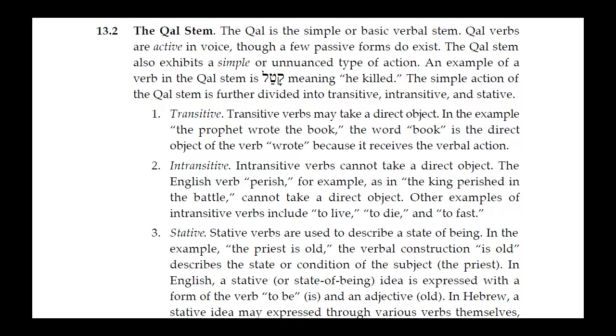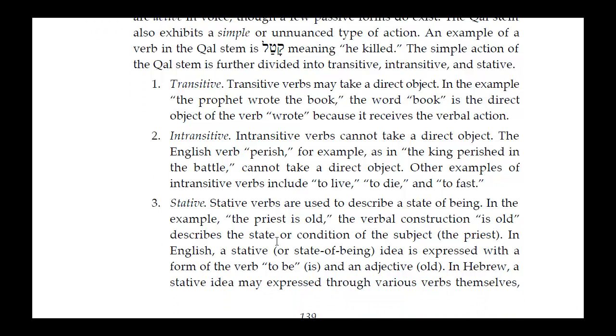Now, the third group we have is what we call the stative verbs, and we've gone over stative nouns before. They describe a state of being. An example: the priest is old. The verbal construction is old describes the state or condition of the subject. So, in English, a stative or state of being idea is expressed with a form of the verb to be and an adjective, old.